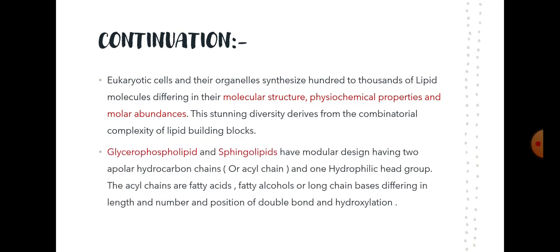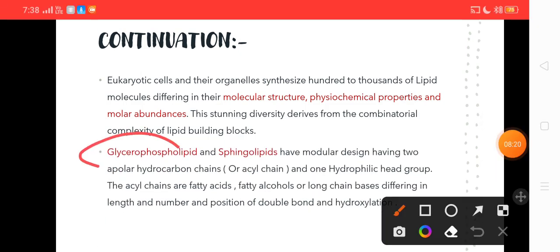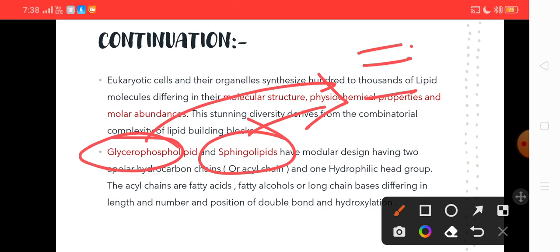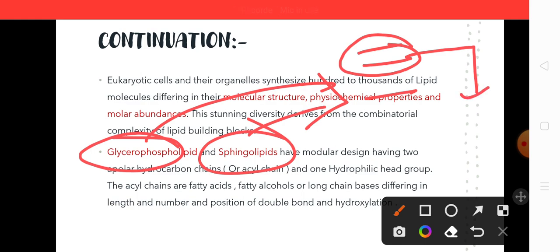So glycerophospholipid and sphingolipid, we are taking as an example, have in general two apolar hydrophobic fatty acyl chains and one hydrophilic head. The two fatty acyl chains also differ widely when we talk about their subgroups.